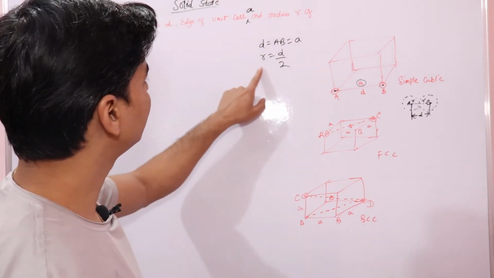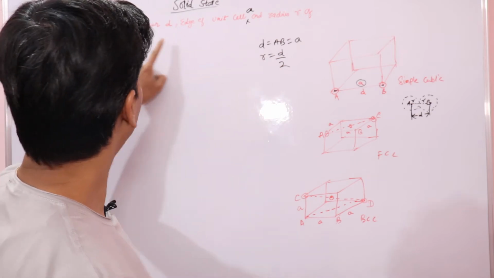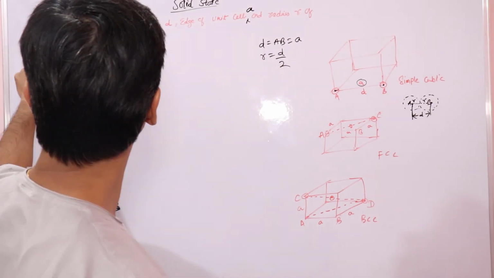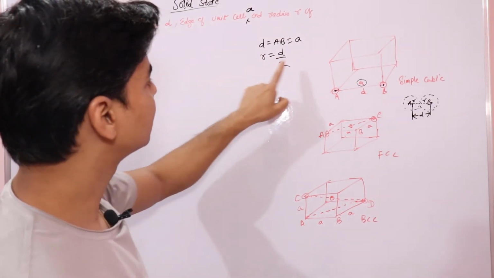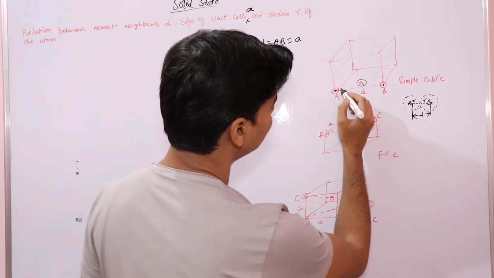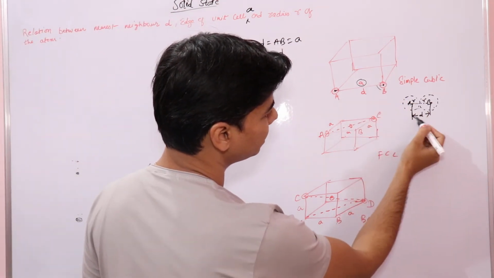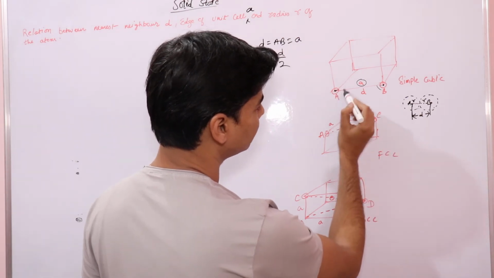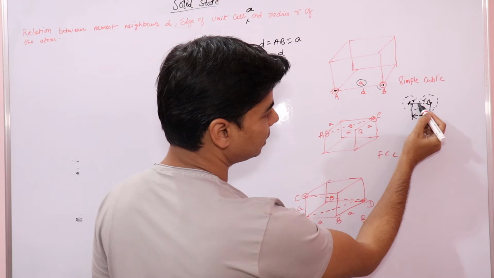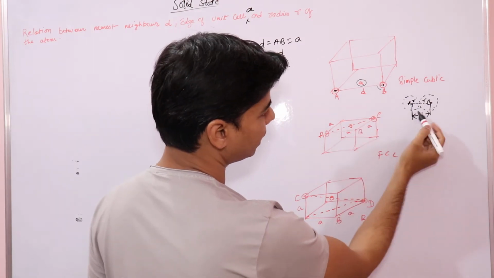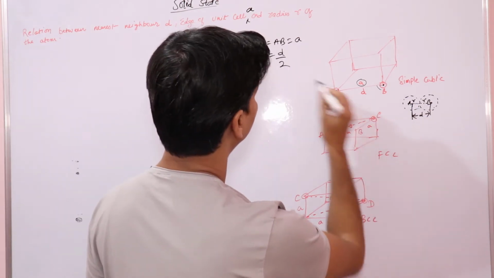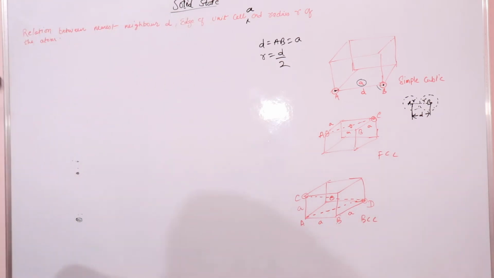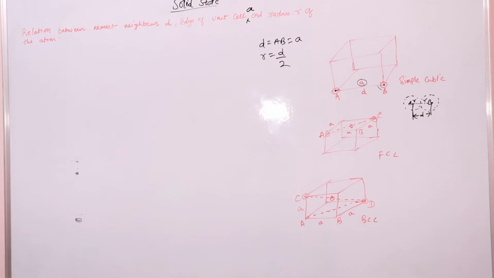This is the relationship between radius R and the distance between nearest neighbors D. If R is the radius of this particle, you can see from this diagram that R is half of D. And we know distance D is equal to AB, the edge length.